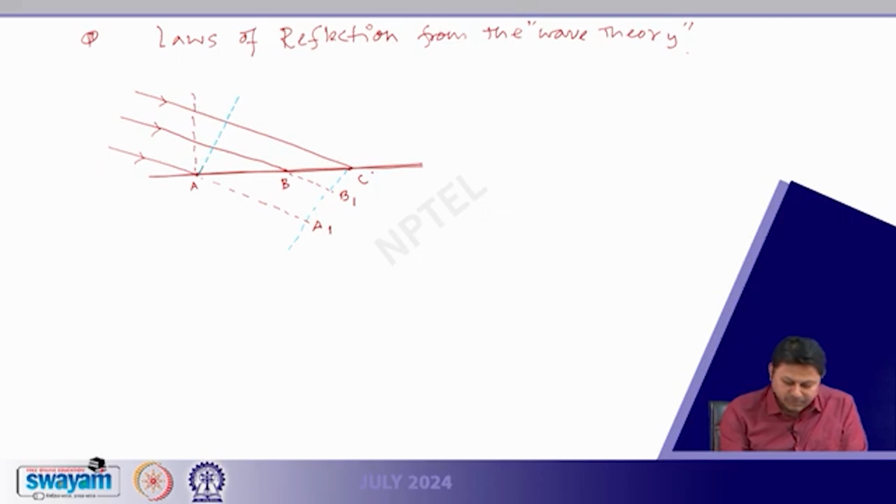Also, because of the presence of this AC plane, which is a boundary through which the light is reflecting back, the ray that is coming through A, in the absence of this boundary, would go from A to A prime, but because there will be a reflection of light, let me draw this reflected light here.